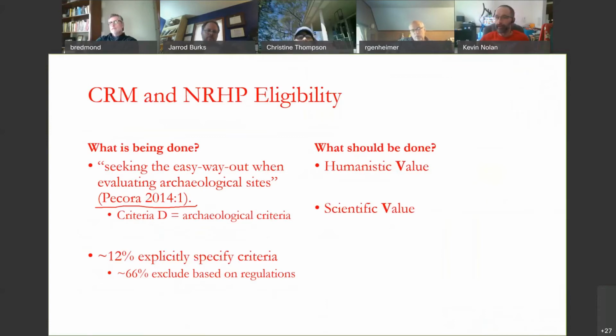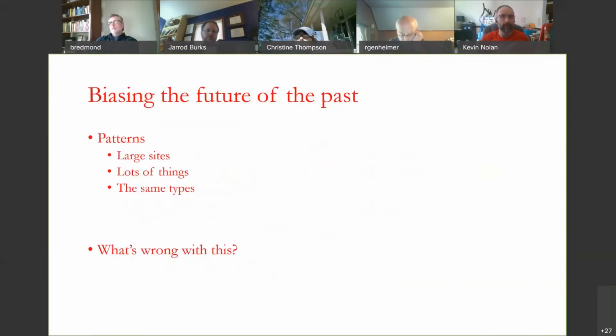So if we split that up, then we can do 2 different things with our public archaeology, and do things that people value, hold as important, and we can do things that are important for science and get representative samples.